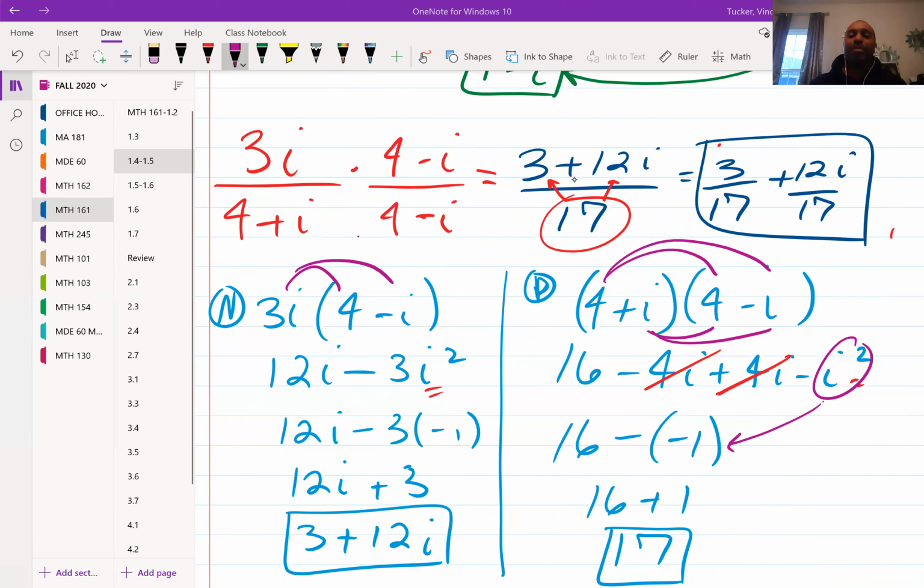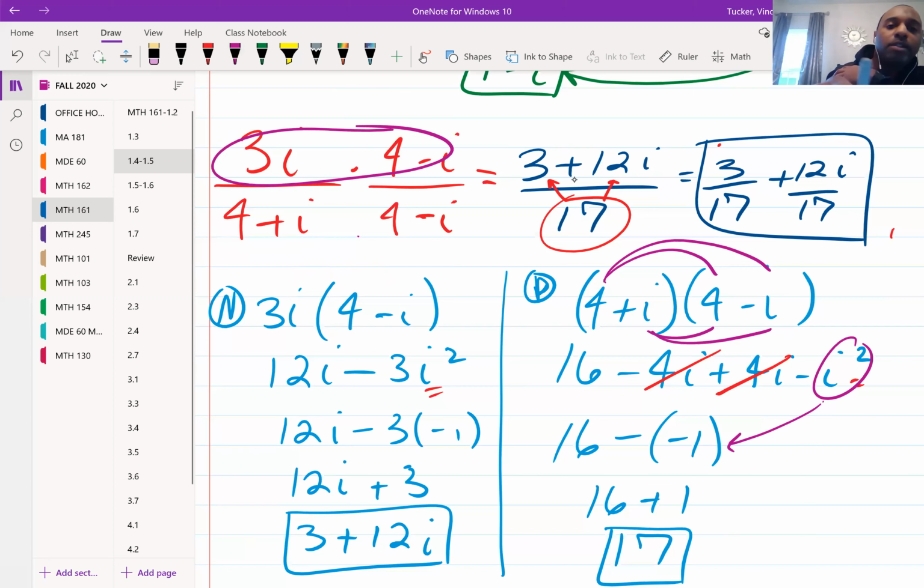So let's walk through the light blue. The light blue is how we get to the dark blue. So the first thing we have is the multiplication of the numerator, and that's down here by the end. So we're looking at 3i times 4 minus i. So we're going to distribute the 3i to each.